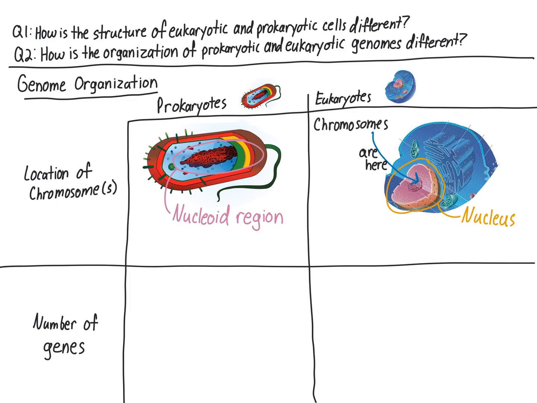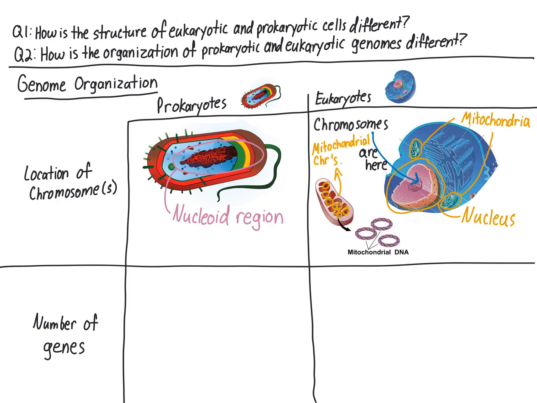This has important consequences for how the cells divide, as we'll see later. Mitochondria also have multiple copies of their own circular DNA, as do chloroplasts in plant cells. When the cell divides, these organelles must also replicate themselves and their DNA.